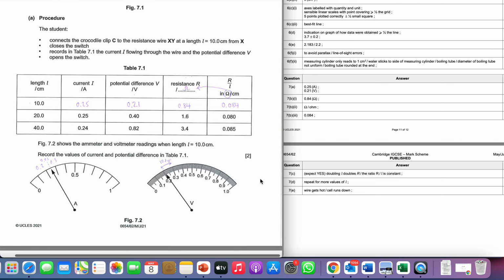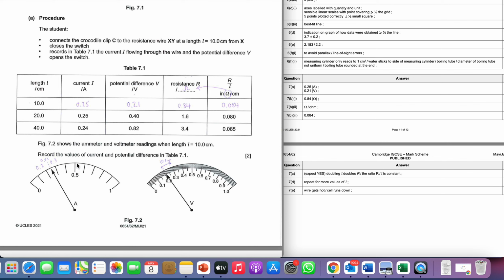Now this is quite a tricky one. We've first been asked to measure the current. You'll notice here, some teachers may disagree on how you're meant to do this one. There's very much a CIE way of doing this. It's one of the very few occasions where we have our pointer halfway between two divisions.